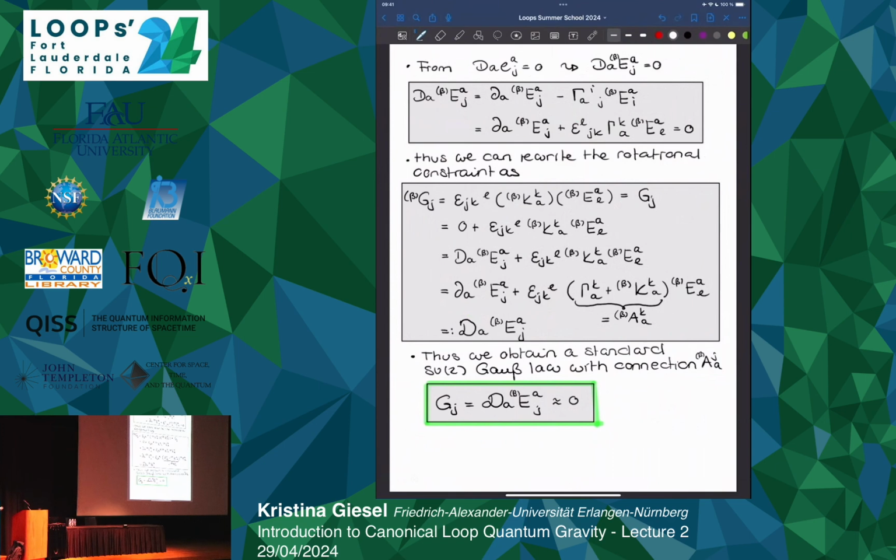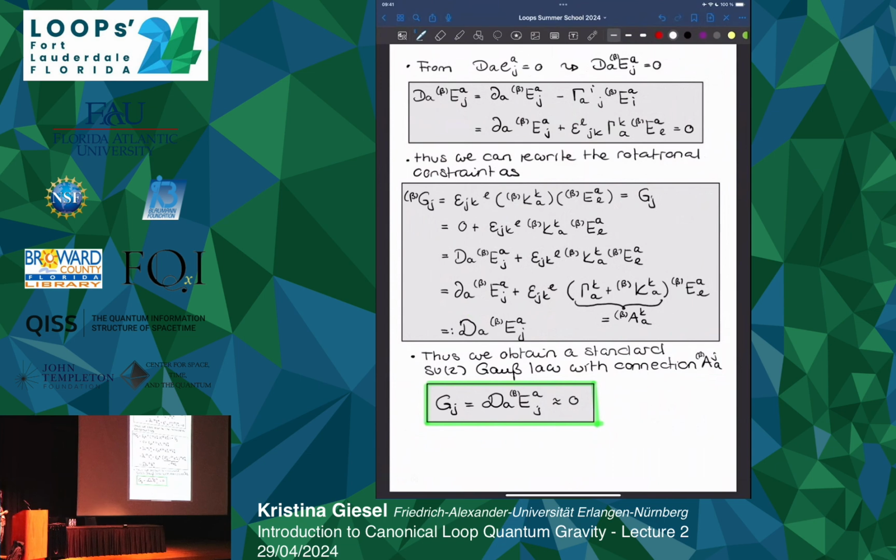So now consider this expression and write it in terms of the partial derivative and the spin connection. In principle, there would also be a Christoffel because there's a spatial index, but since this is a vector density of weight 1, this exactly cancels out. So we can write this explicitly in terms of the epsilon tensor.